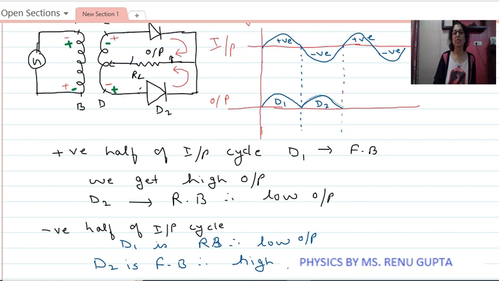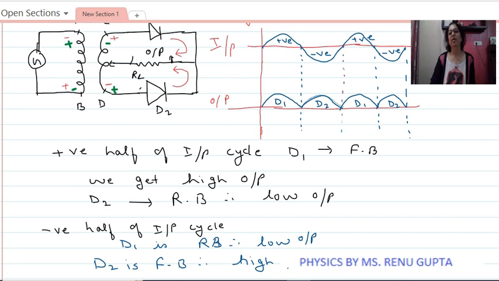Again for the positive half of the input cycle, we will get high output from diode D1. Then for the negative half of the input cycle, we will get high output from diode D2. This way, throughout, the direction of voltage is the same.